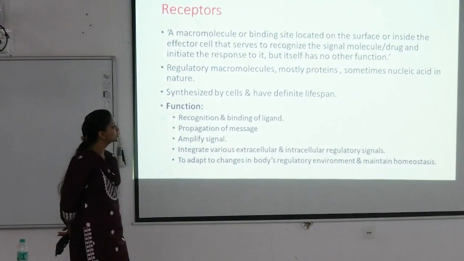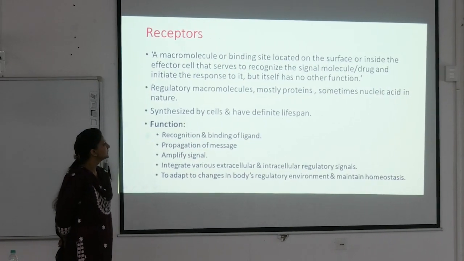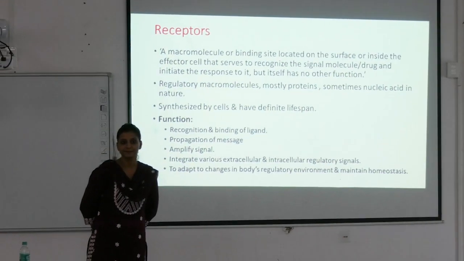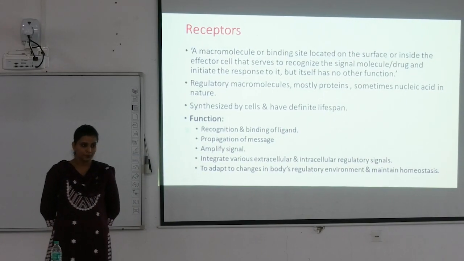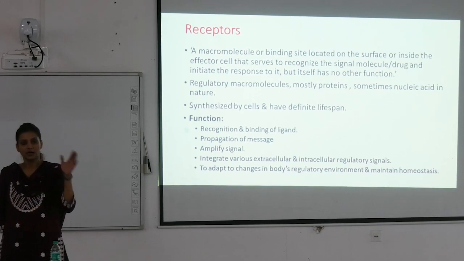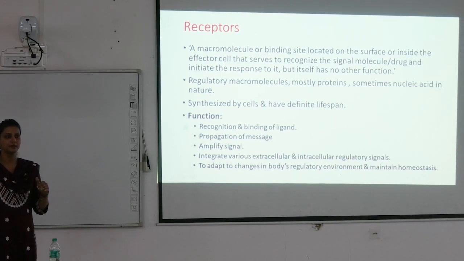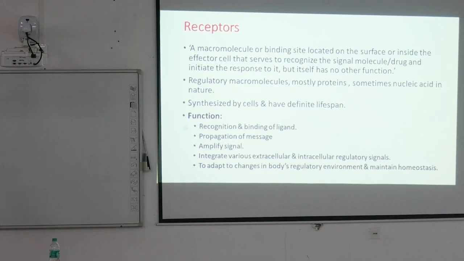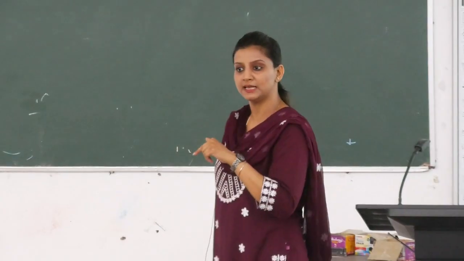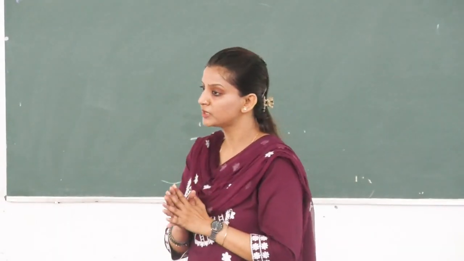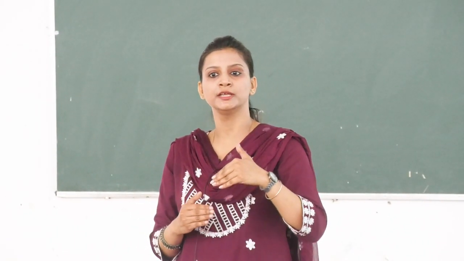Regulatory macromolecules are mostly protein, sometimes nucleic acid in nature. Mostly these receptors are protein in nature, on the outer surface of the cell. They can also be inside. When they are inside the cell, in the nucleus, in the nucleic acid, what are they doing? By gene regulation, either the protein production will increase or it will stop, and in that way it will initiate the response.